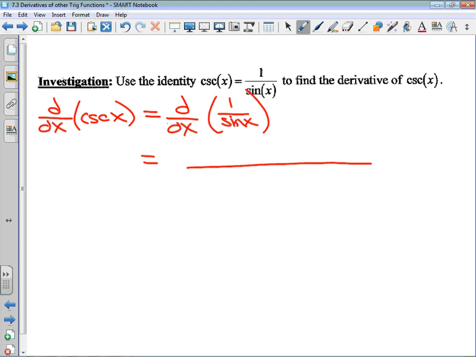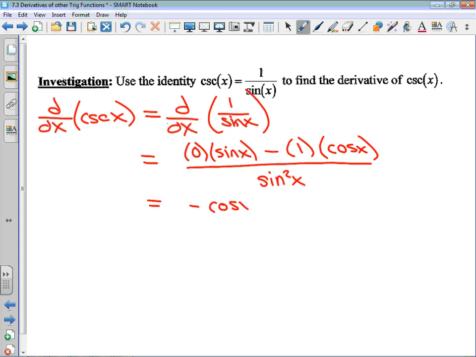If we did it as the quotient rule, we would immediately have sine squared x in my new denominator. The derivative of 1 is 0 times the denominator, which is sine x, minus the numerator times the derivative of the denominator. And what I get is negative cos x over sine squared x, which can be written a little bit differently. I can write that as negative cos x over sine x multiplied by 1 over sine x.